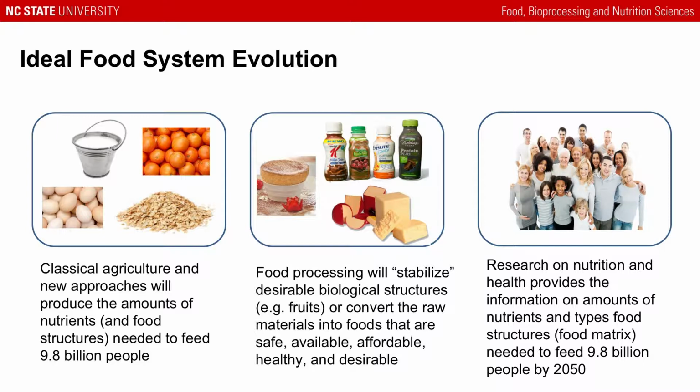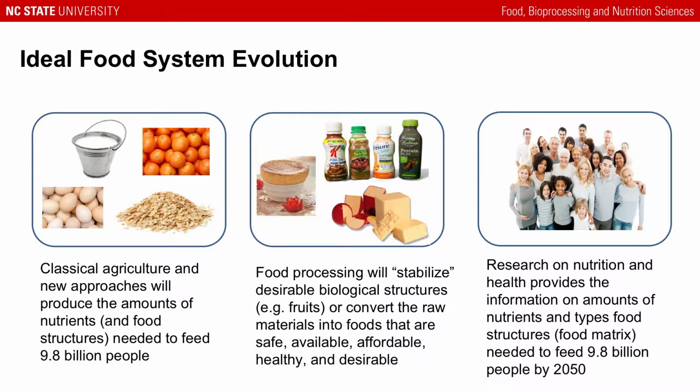So research in nutrition and health provides information on the amounts of nutrients, types of food structures, matrix, because that's important too, needed to feed this number of people. So we need to know what we need to produce. That should feed back into classical agriculture and new approaches to produce those amounts of nutrients and food structures.